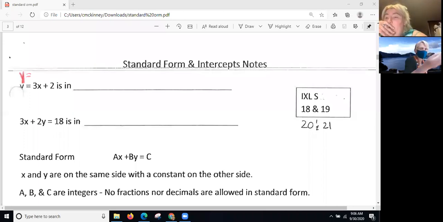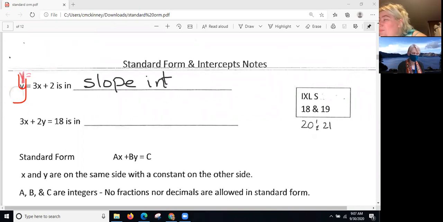So if we saw, let's pretend this just says y over here, y equals 3x plus 2. That is slope-intercept form, which you did yesterday without me. Again, this is not in your notes. This would have been something I would have given you in class, but the particular lesson wasn't in the Odyssey-ware.